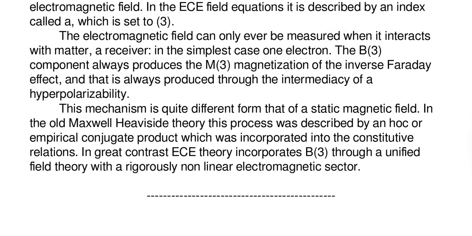This mechanism is quite different from that of a static magnetic field. In the old Maxwell Heaviside theory, this process was described by an ad hoc or empirical conjugate product, which was incorporated into the constitutive relations. In great contrast, ECE theory incorporates B3 through a unified field theory with a rigorously nonlinear electromagnetic sector.